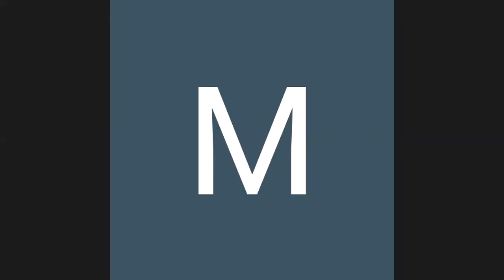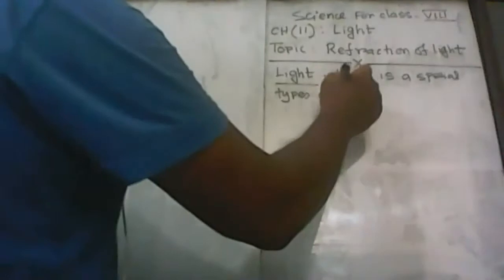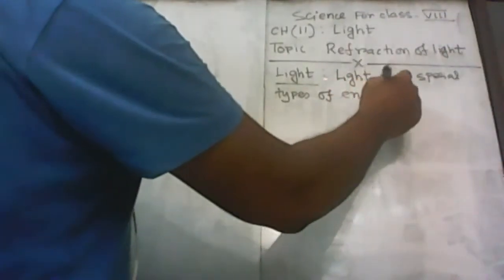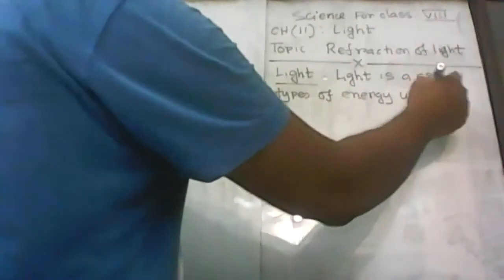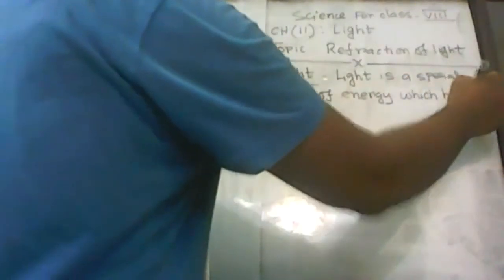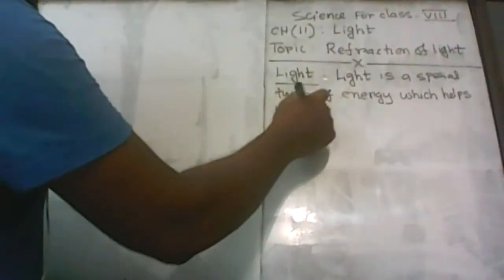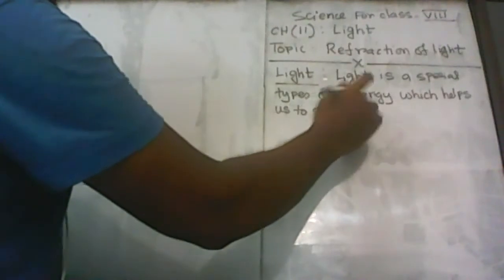So, I can say that light is a special type of energy which helps us to see something.